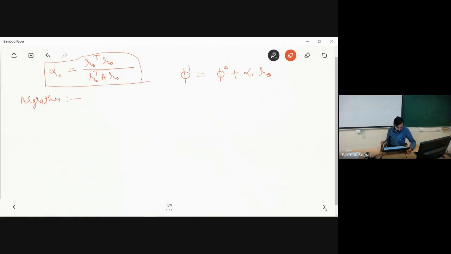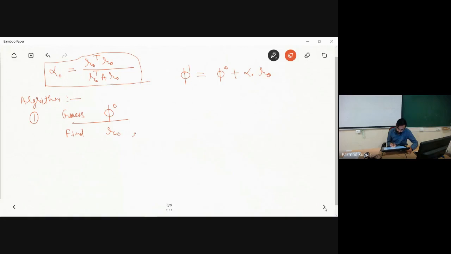So what is the algorithm for this? First step is we have to guess, and after guessing I'll be getting phi naught. After that, what I have to do? Find R0. Okay, this point is clear.